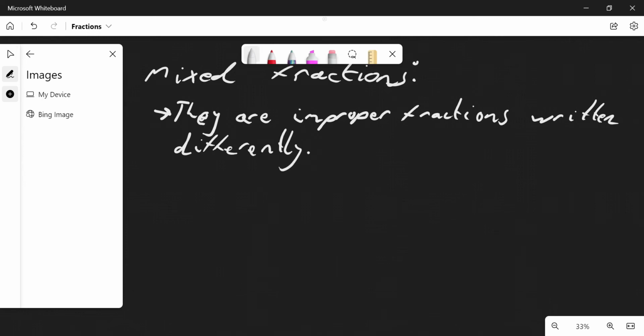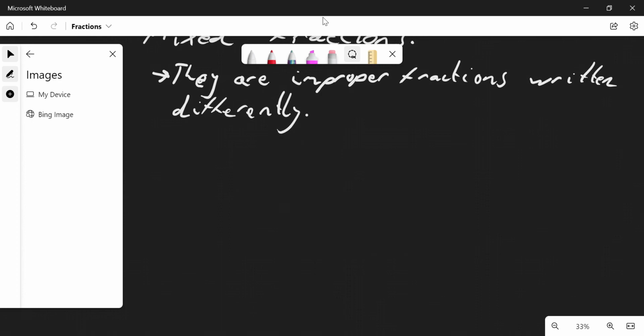What does this mean? If I give you the improper fraction, let's go with 7 over 2. This is an improper fraction. The numerator is bigger than our denominator.